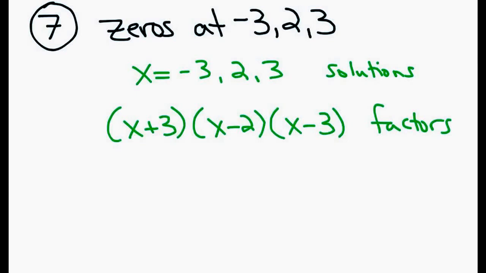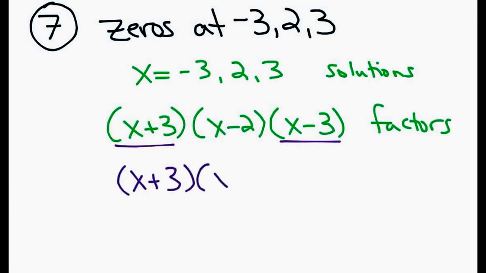What I want you to notice in this problem is that two of the factors are opposites. If I rewrite the order here, and the reason I can do this is because the thing about multiplication is that the order in which you multiply does not matter. It's called the commutative property.